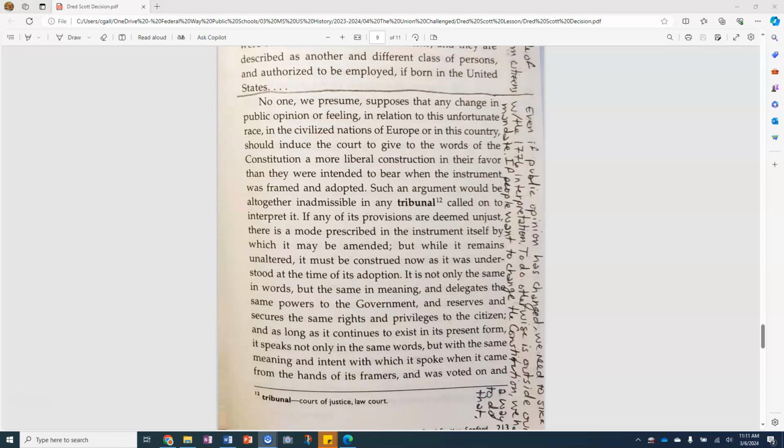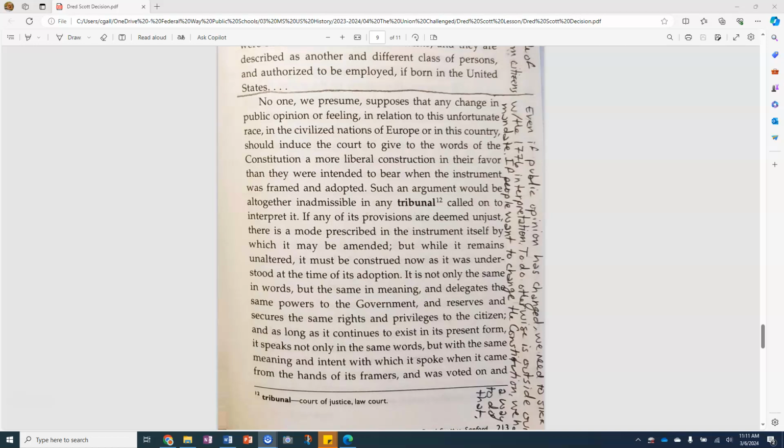If any of its provisions are deemed unjust, there is a mode prescribed in the instrument itself by which it may be amended. But while it remains unaltered, it must be construed now as it was understood at the time of its adoption. It is not only the same in words, but the same in meaning, and delegates the same powers to the government, and reserves and secures the same rights and privileges to the citizen.